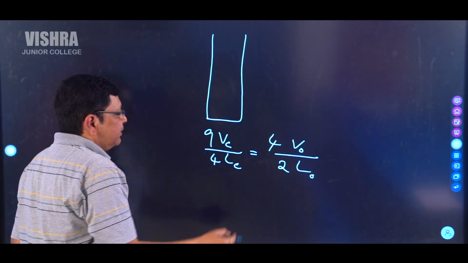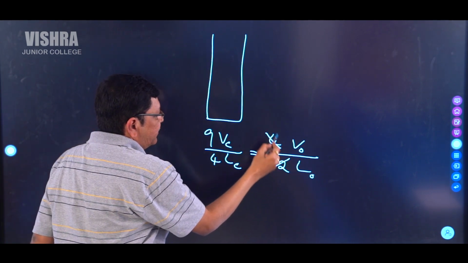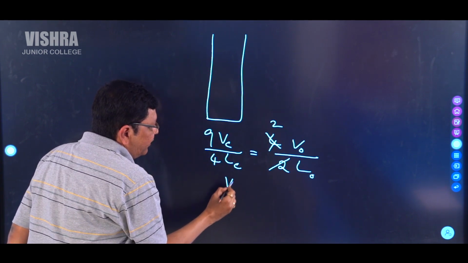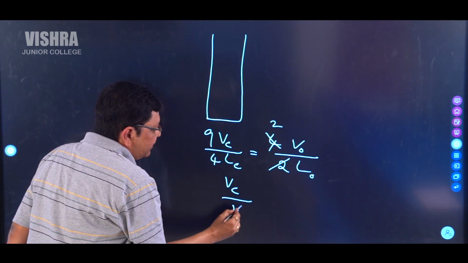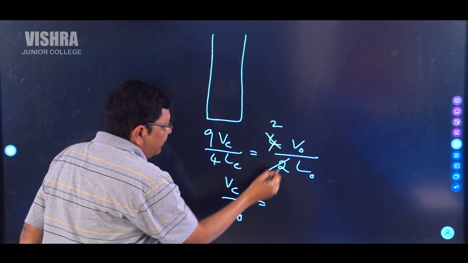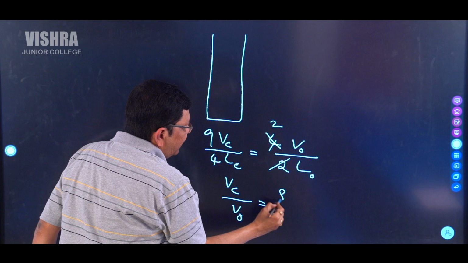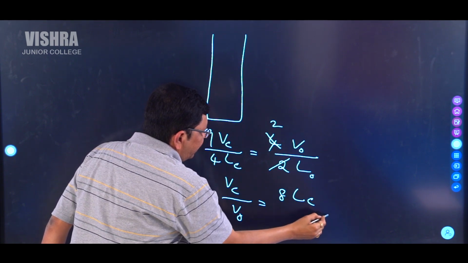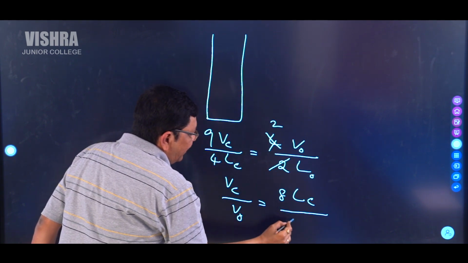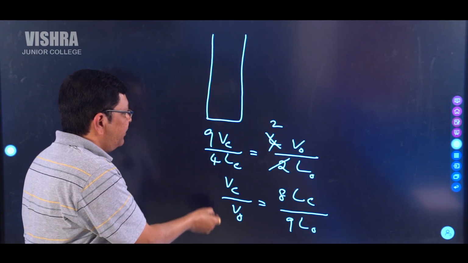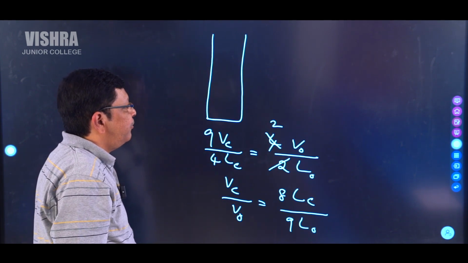From these we can cancel 2 twos of 4, and the velocity of sound wave in the closed pipe upon the velocity of sound wave in the open pipe is equal to 8 times the length of the closed pipe divided by 9 times the length of the open pipe. And what about the velocity ratios in closed and open?